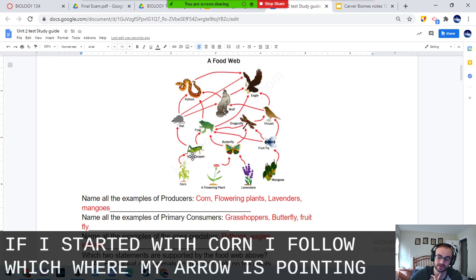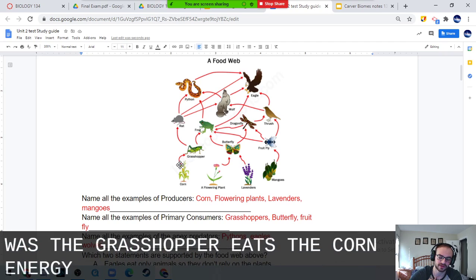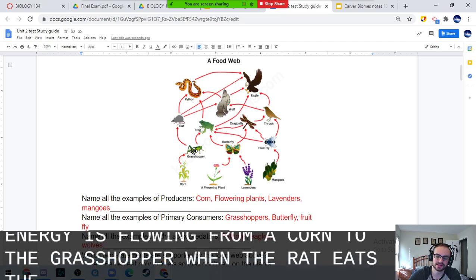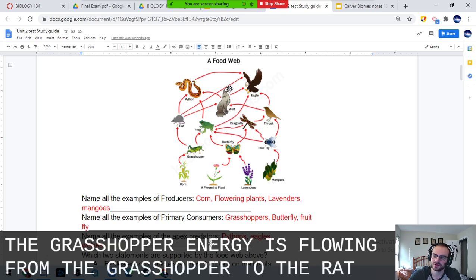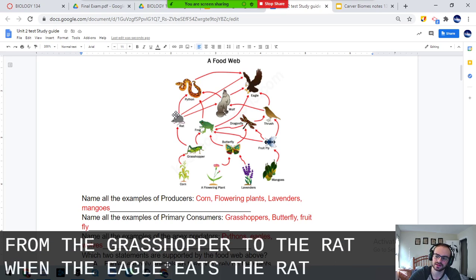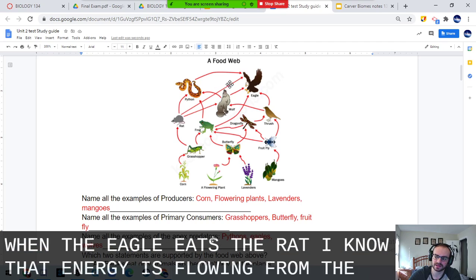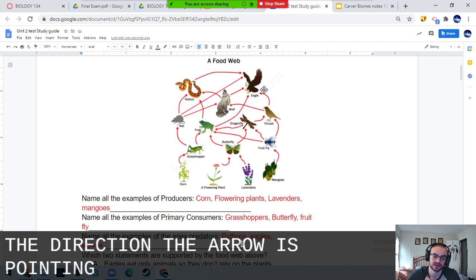It's pointing to grasshoppers. I know that as the grasshopper eats the corn, energy is flowing from the corn to the grasshopper. When the rat eats the grasshopper, energy is flowing from the grasshopper to the rat. When the eagle eats the rat, I know that energy is flowing from the rat to the eagle because of the direction the arrow is pointing.